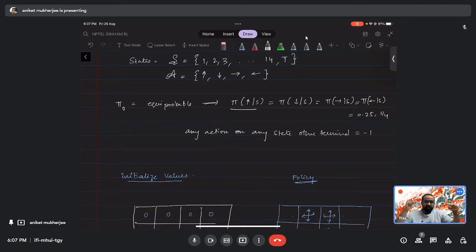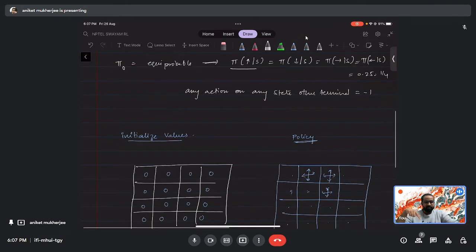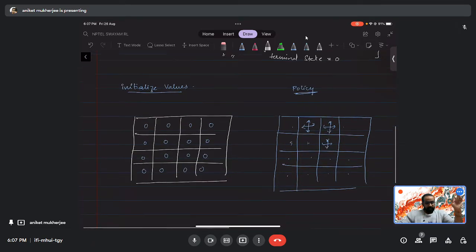Once I reach the terminal state, any action I take, I go back to the terminal state. Since it's a terminal state, even if I take some action, I'll be in the terminal state forever. And the reward for an action on the terminal state is 0. So it doesn't matter. This formulation is clear.